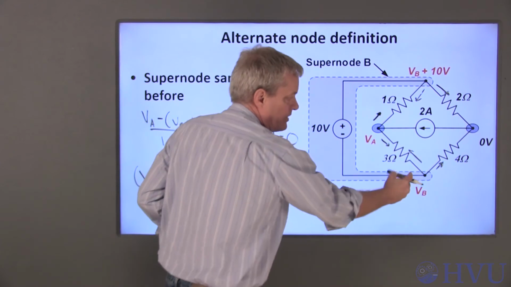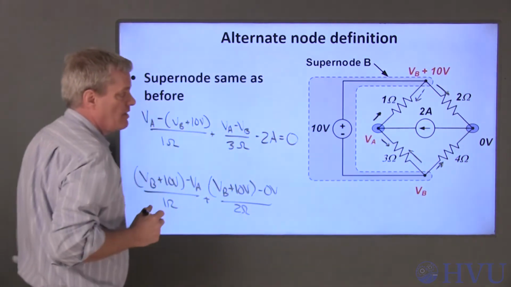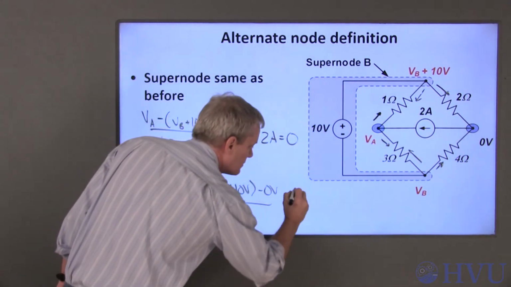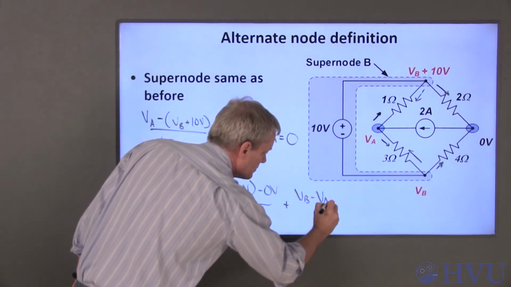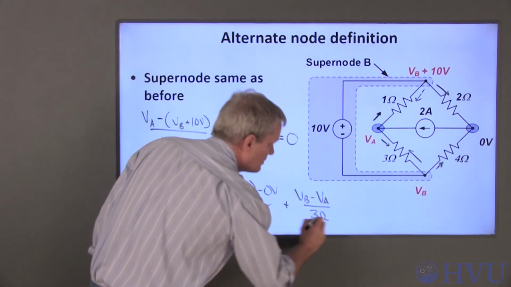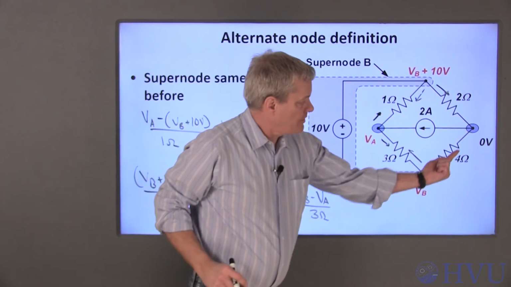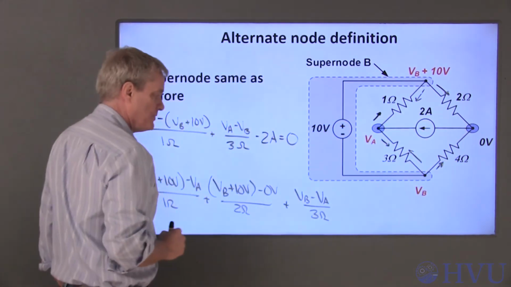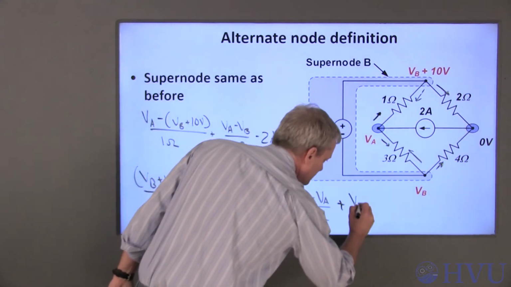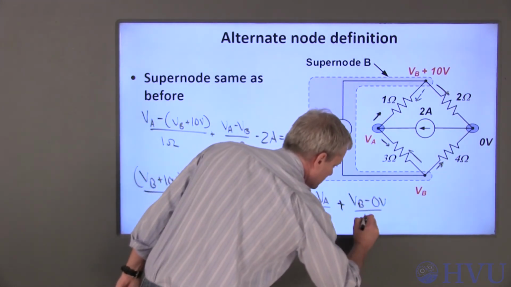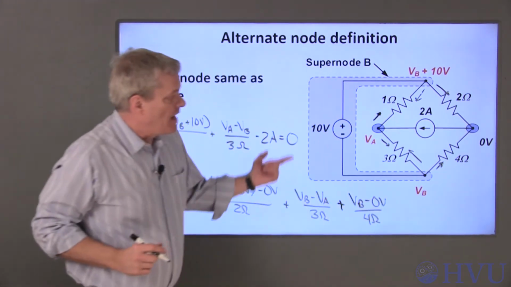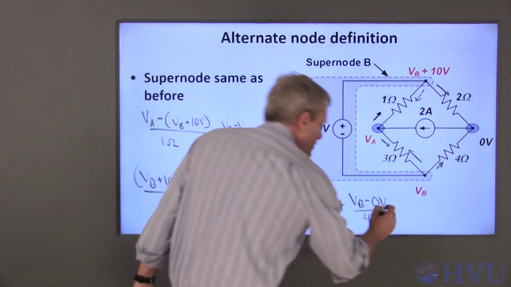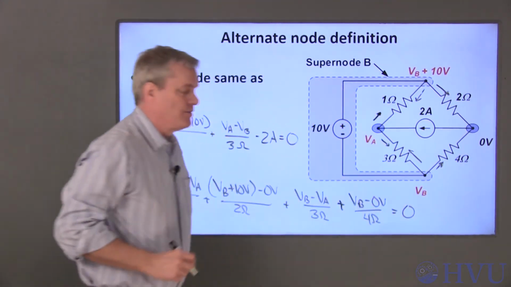Plus this current, which is VB minus VA over 3 ohms. Plus finally the current through the 4 ohm resistor is VB minus 0 over 4 ohms. That's finally all the currents leaving the supernode. Those sum up to 0.